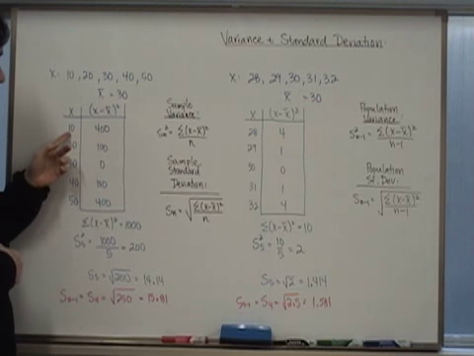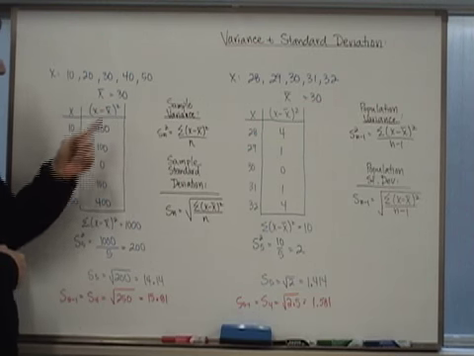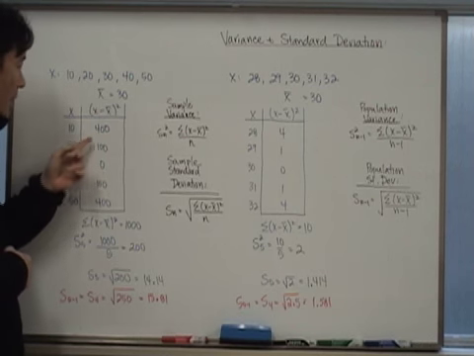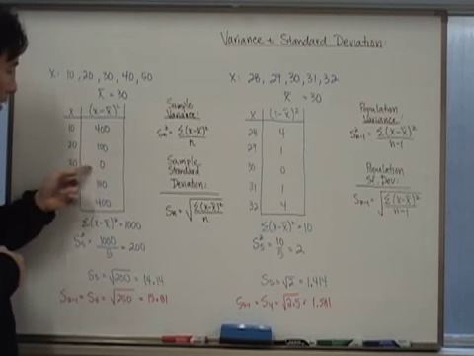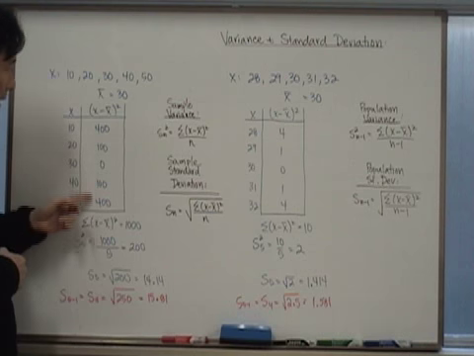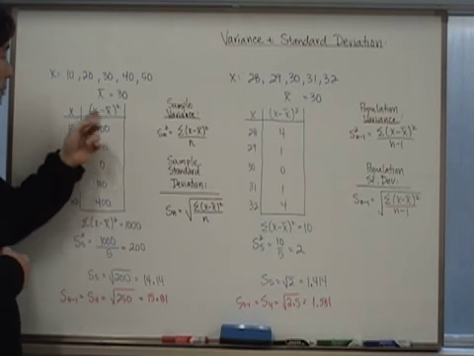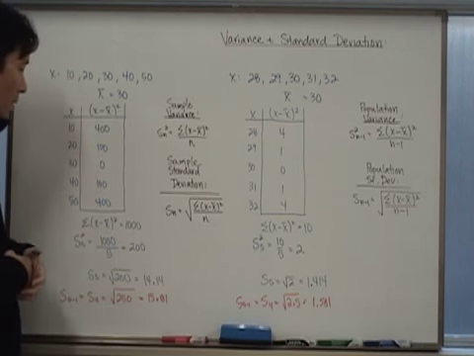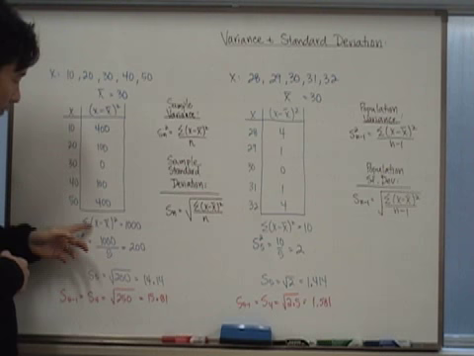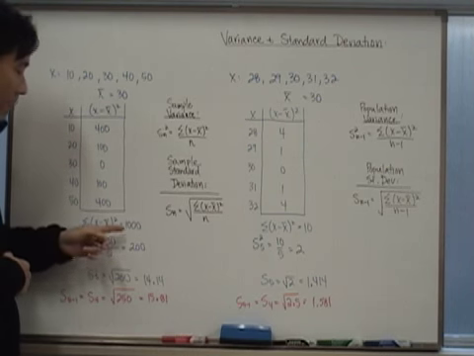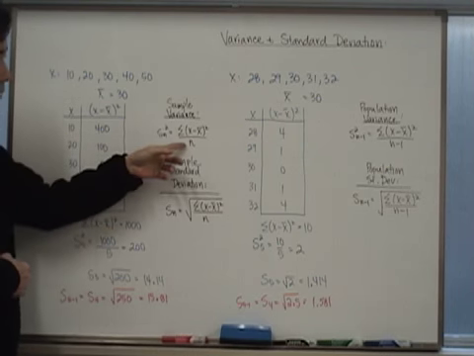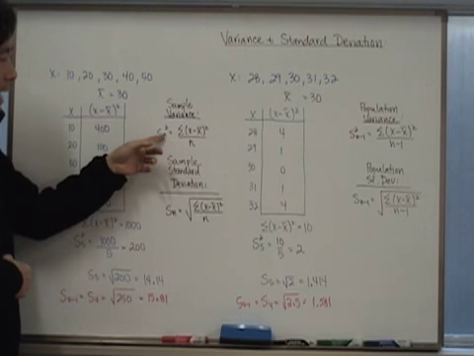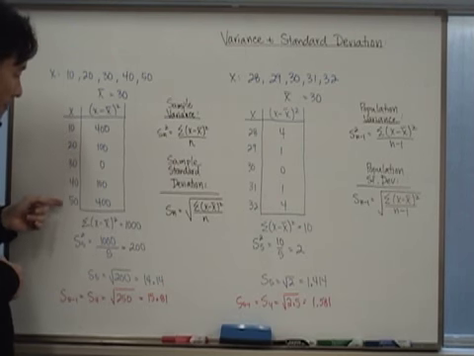So if I take 10 and minus 30, that's going to give me negative 20. Square that, it's going to give me 400. And I'm going to do that for every value that I have here. And notice that I come out with these values for the difference between the mean and the actual value itself, and squaring that value. If I add all of those values up, I come out with 1,000. Now I'm going to divide by the total number of values that I had, which in this case is 1, 2, 3, 4, 5.